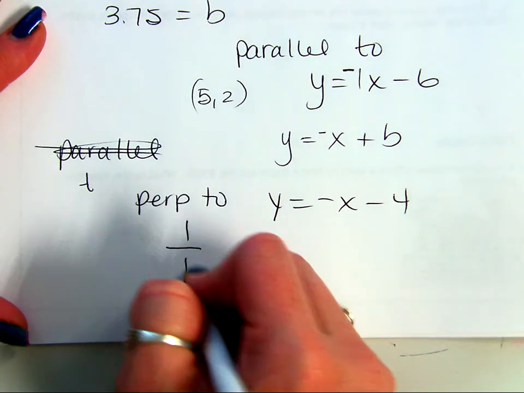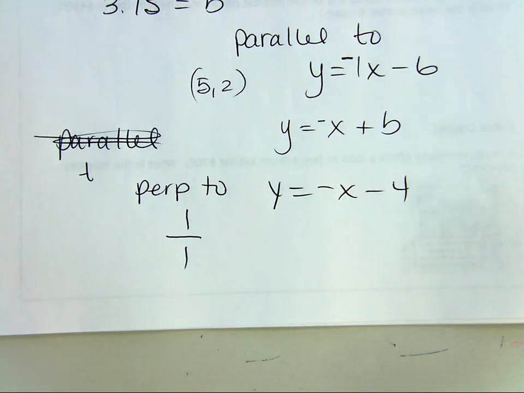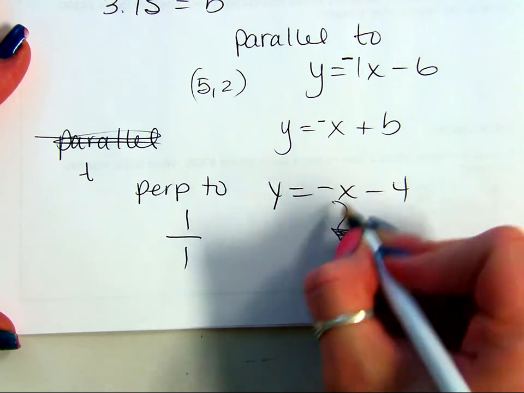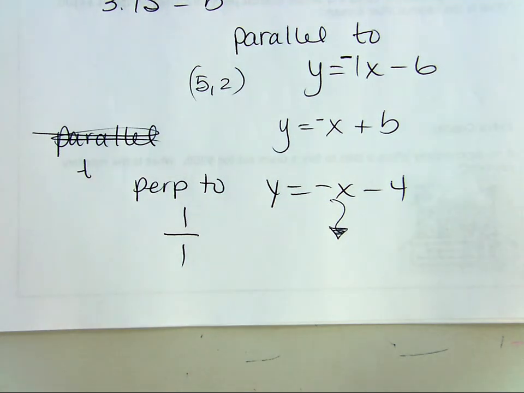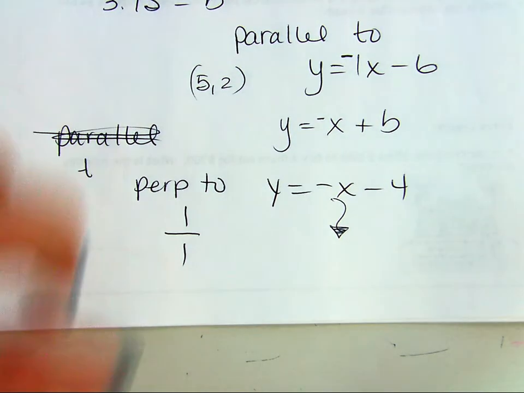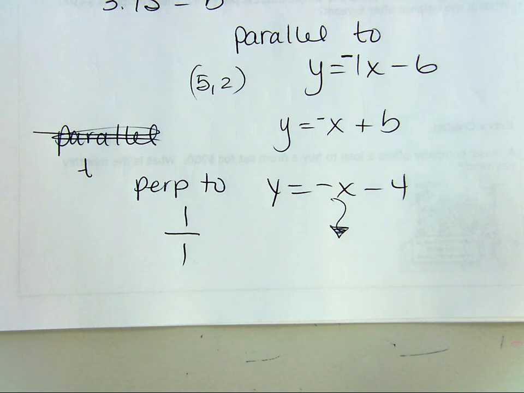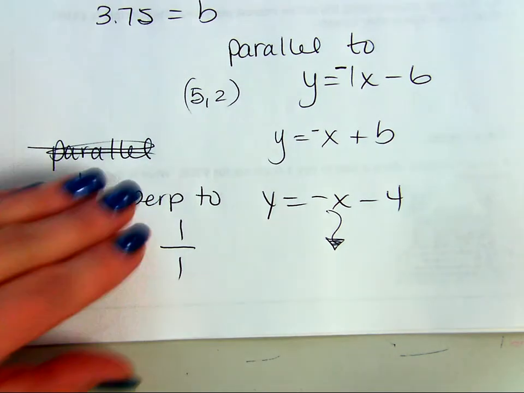Because 1 over 1 is the same as 1 over 1. So what slope would you use if you were given a negative 1 and it needs to be perpendicular? Positive 1, right? You just have to use positive 1. You can do the opposite, but you can't really do the reciprocal of 1 because it's the same as 1, right? Okay. So perpendicular would just be a positive 1.